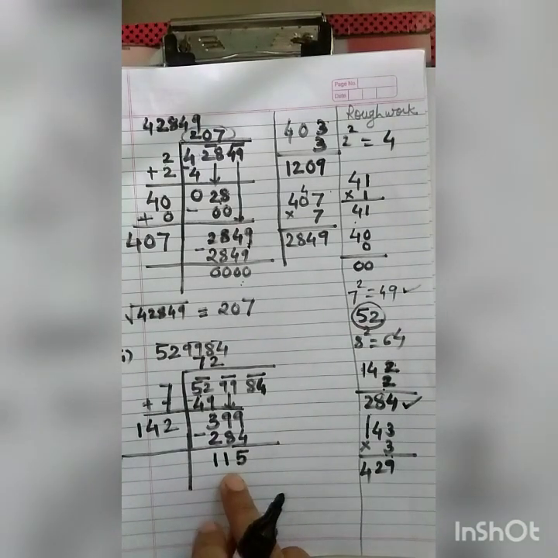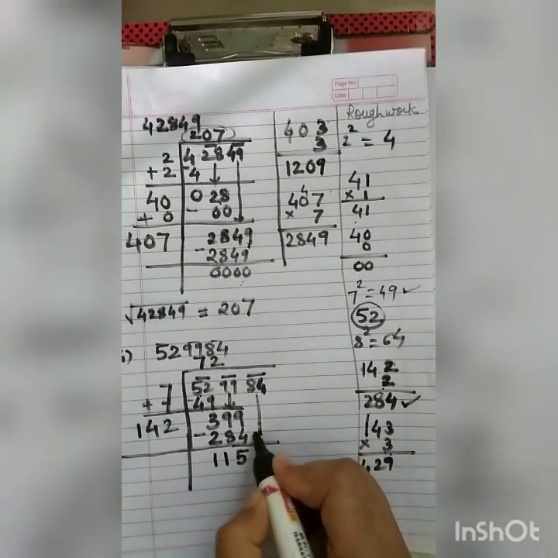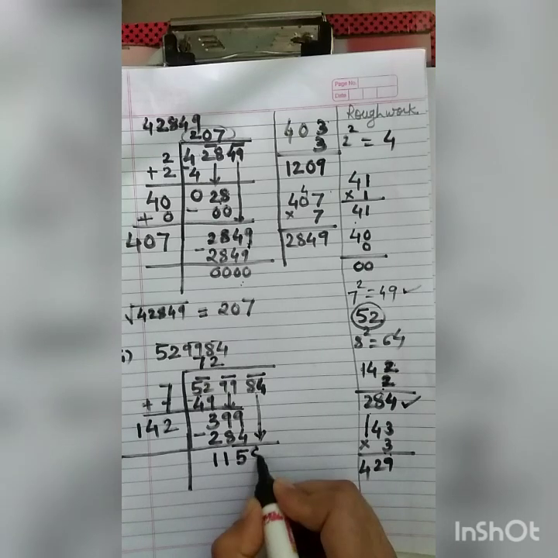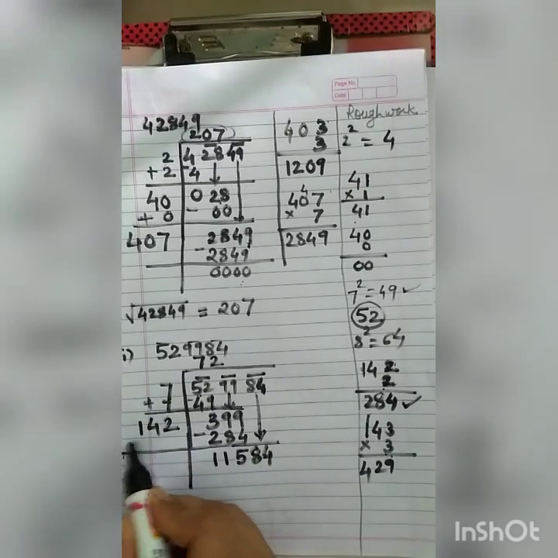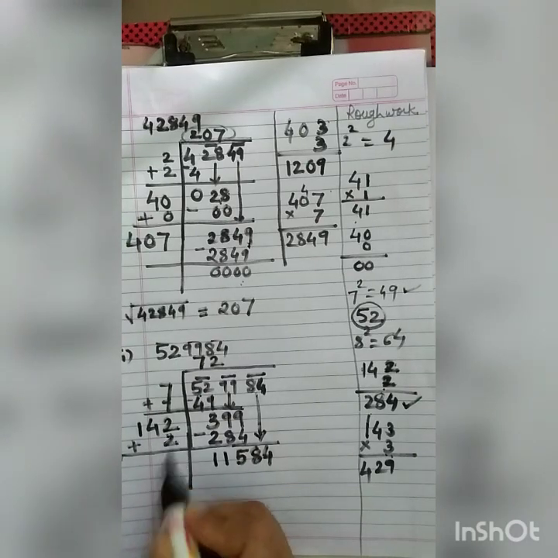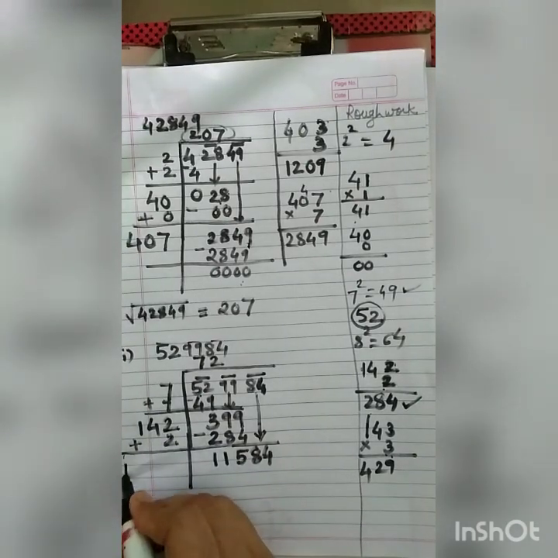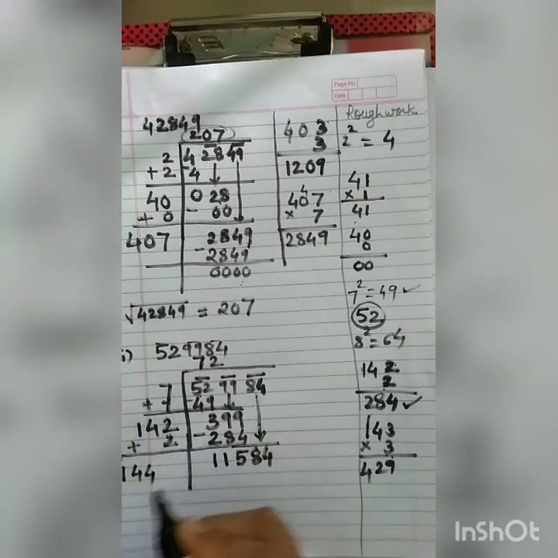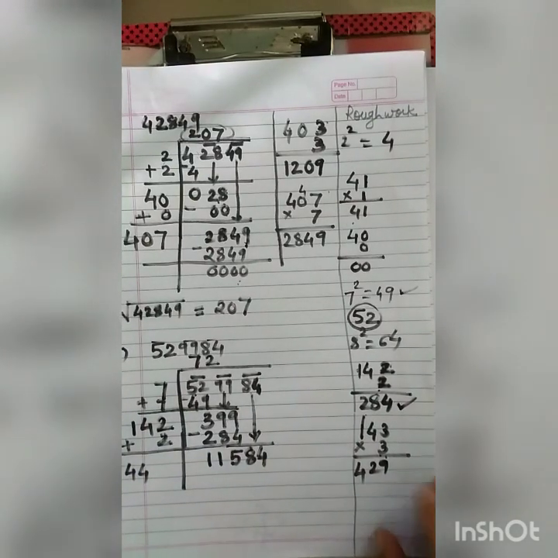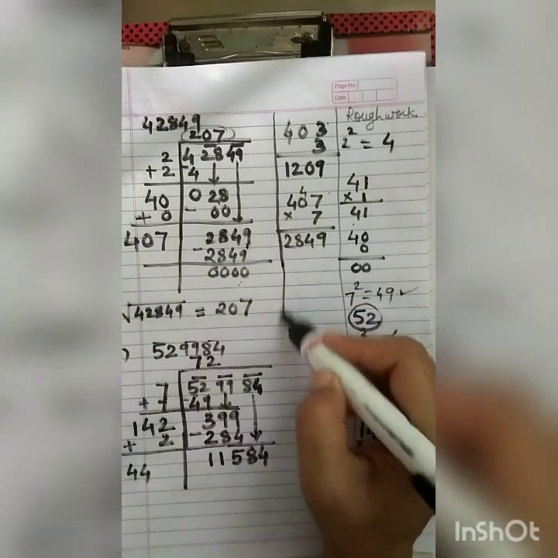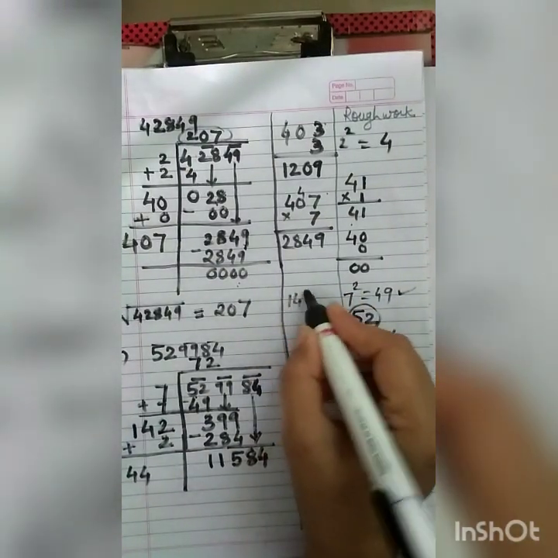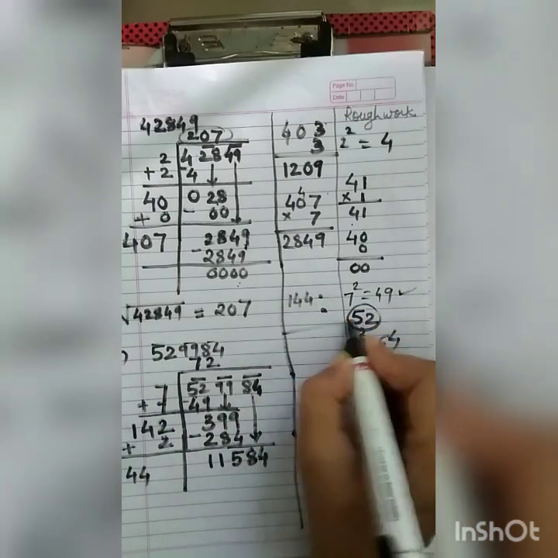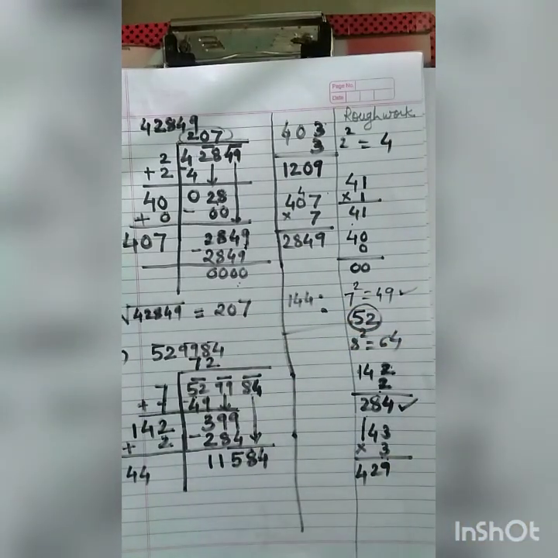Now copy down this pair, that is 84. Now the unit place is 2, so we will add the unit place number, that is 2, and the number will become 144. 2 plus 2 is equal to 4. Now we have to multiply a number with 144 such that it gives you 11584.